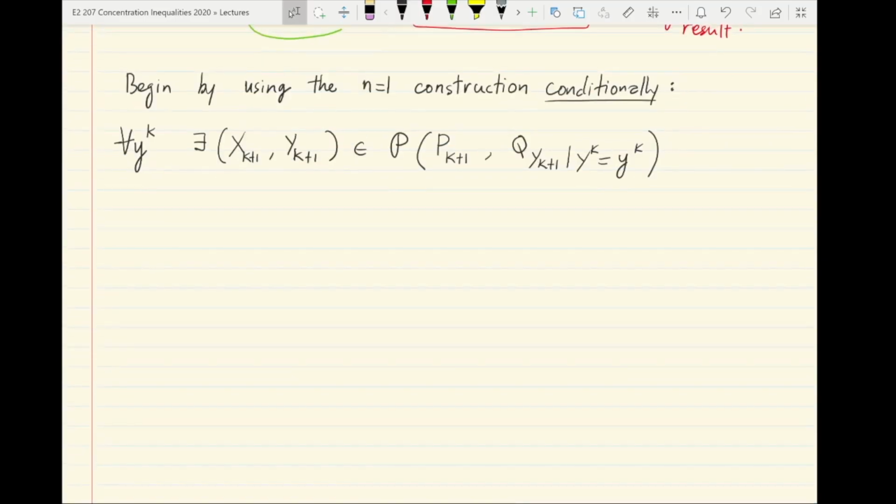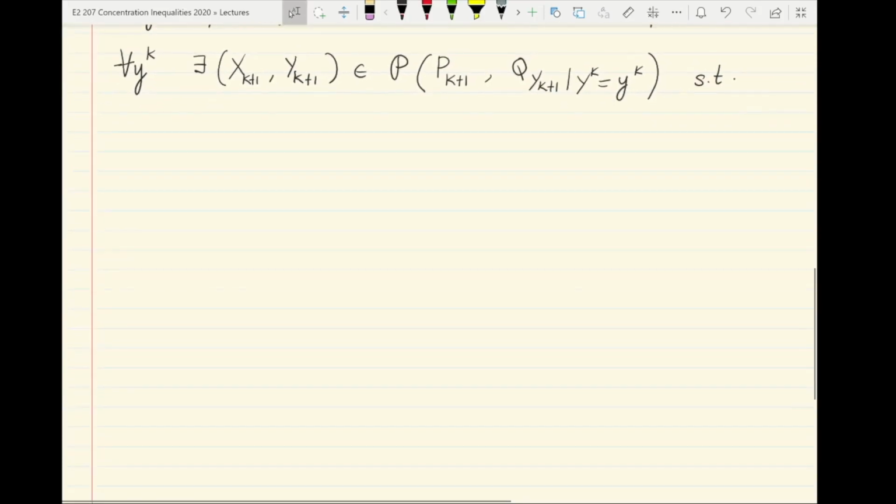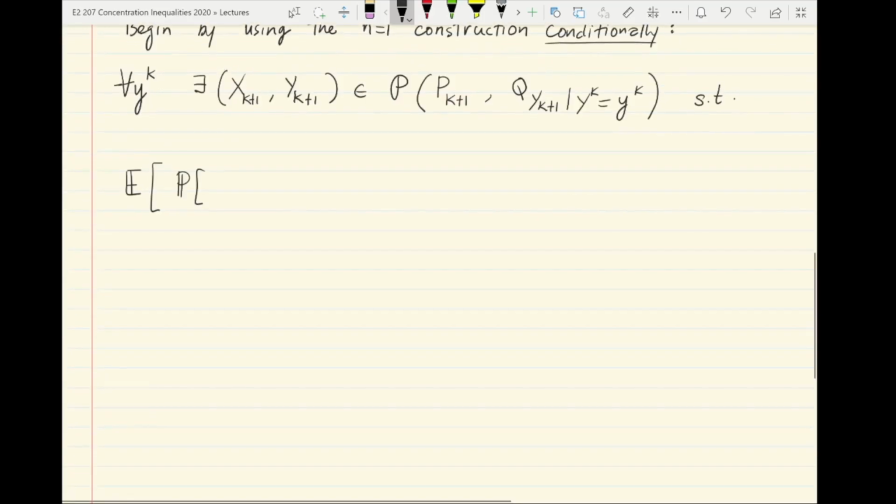So we also know that this n equal to 1 conditional coupling satisfies the inequality for n equal to 1. So this is the n equal to 1 form: the variables being measured for discrepancy are just xk plus 1 and yk plus 1, conditioned on y1 through k.